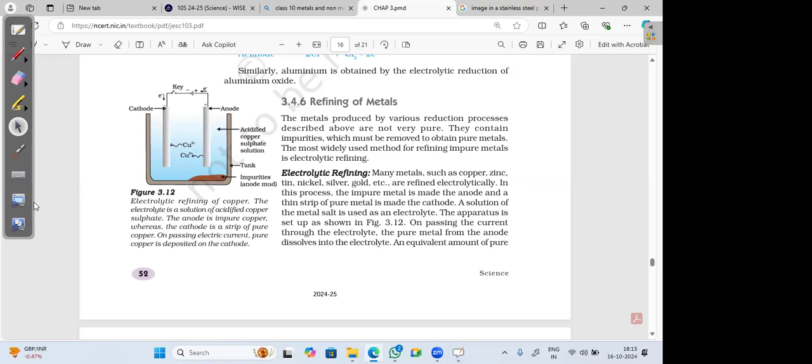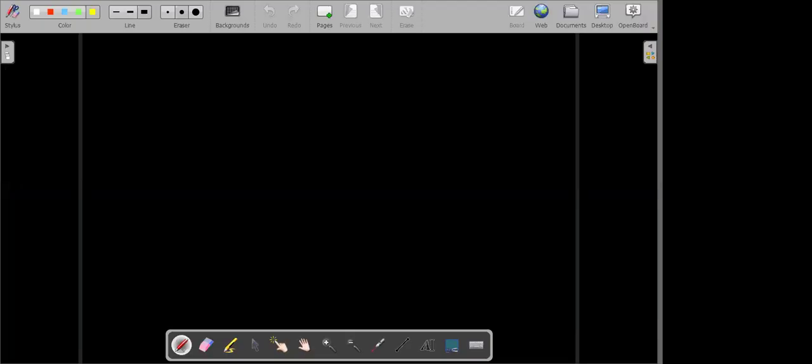From the extraction process, can you explain how do we obtain copper? Anyone? Abhinav, can you tell how can we obtain copper? Through the process of smelting? Electrolysis, the process of electrolysis.